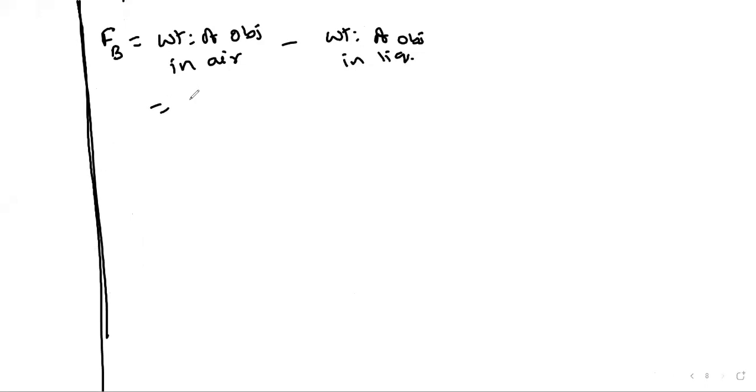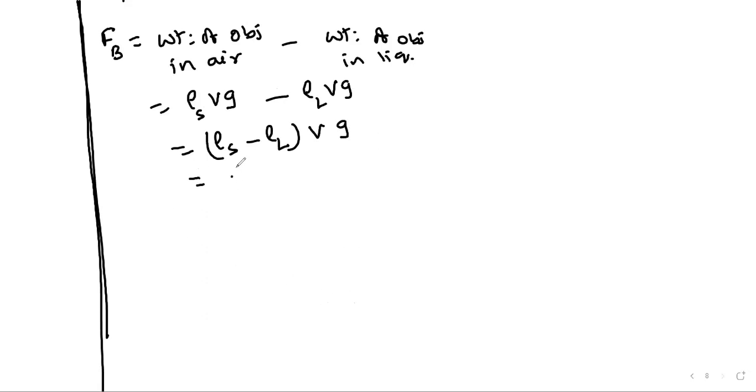This I can write as rho s Vg, where rho s is the density of the object in air or solid. This one is rho l Vg, the density of object in liquid.